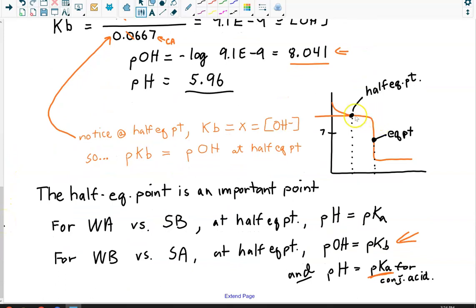So remember, this pH here wouldn't be the pKb for NH2OH. It's going to be the pKa for the conjugate acid. But the pKb will be the pOH for the base. I hope this isn't too confusing.